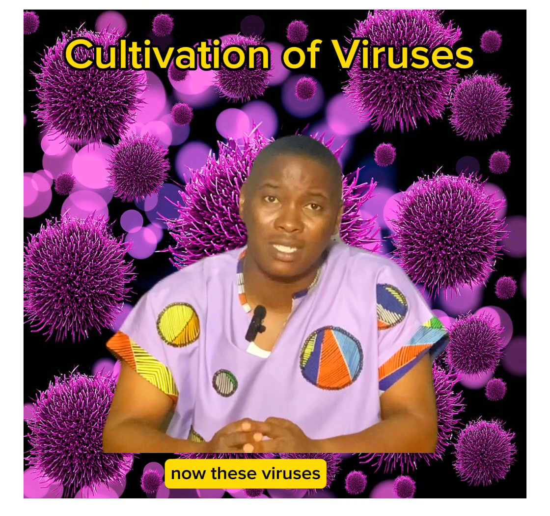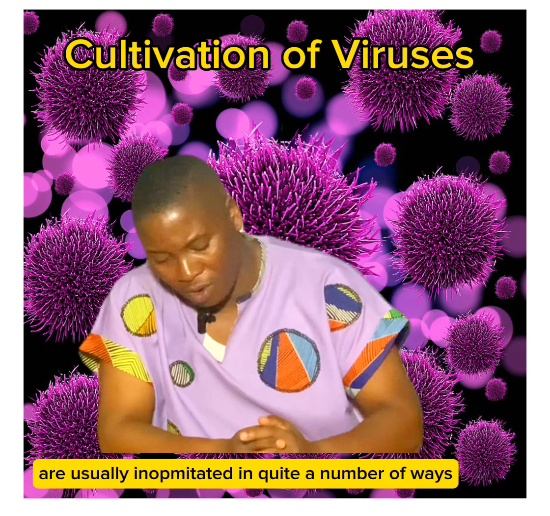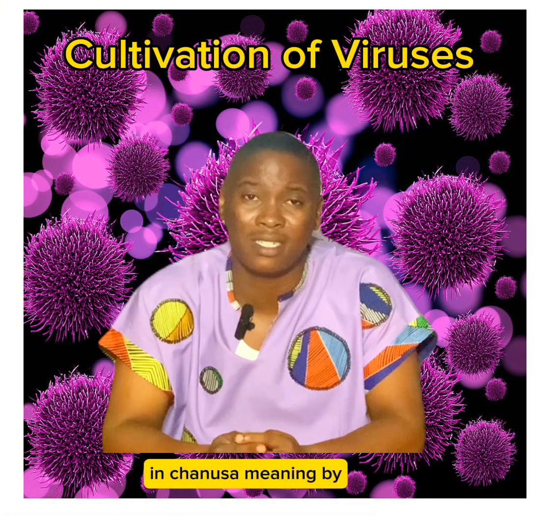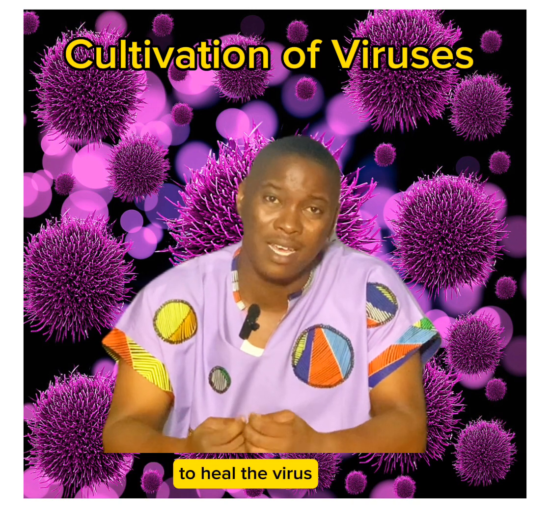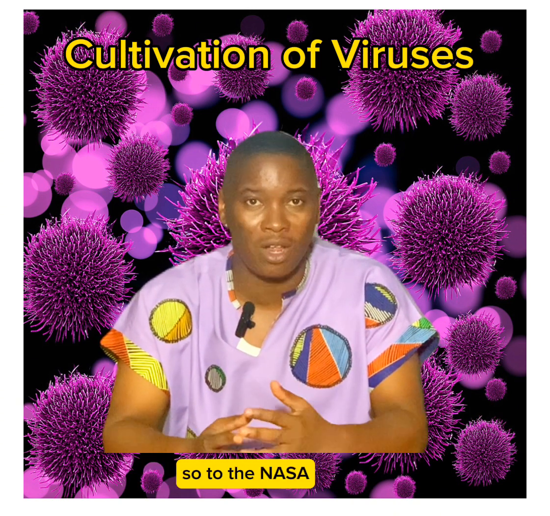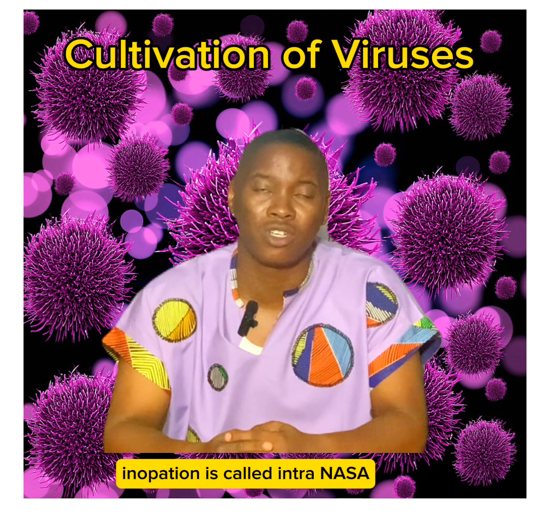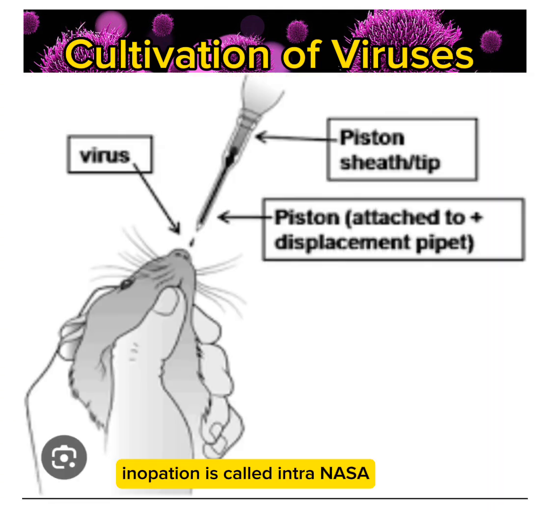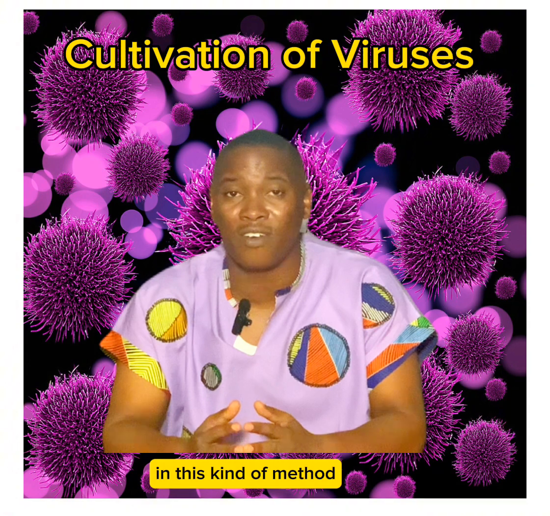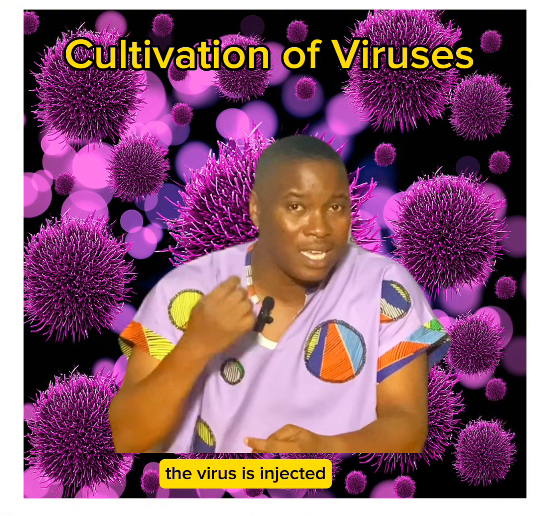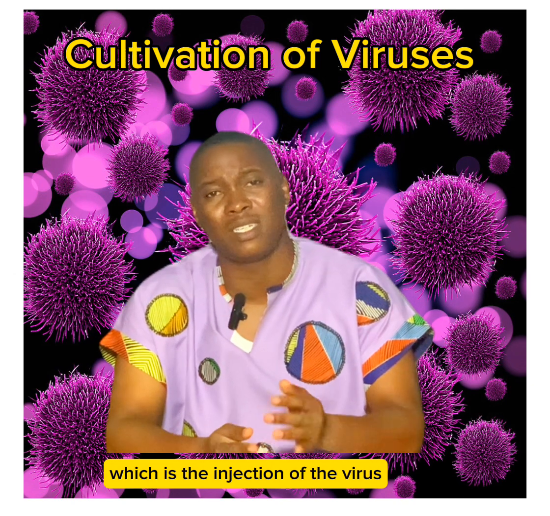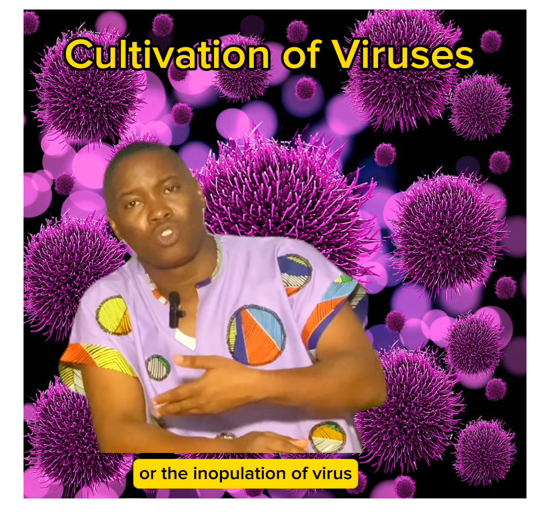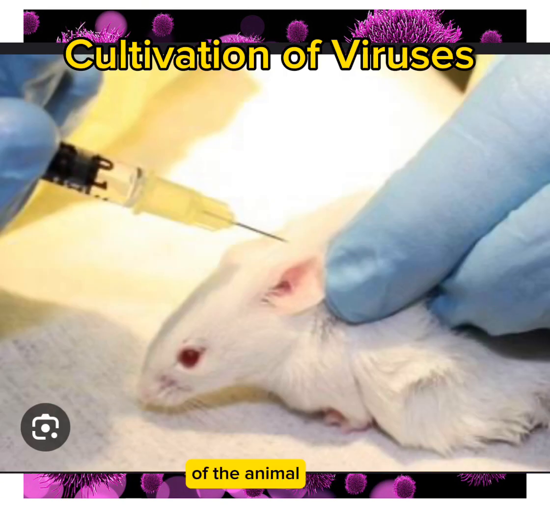Now, these viruses are usually inoculated in quite a number of ways. Number one is intranasal, meaning by allowing the animal, the mouse or the organism, to inhale the virus through the nostrils. That kind of inoculation is called intranasal. Now, we also have intracerebral. In this method, the virus is injected into the brain of the animal. We have the subcutaneous route, which is the inoculation of the virus through the skin of the animal.